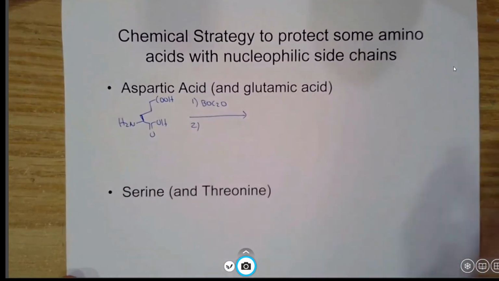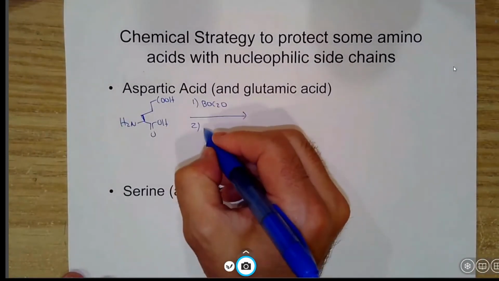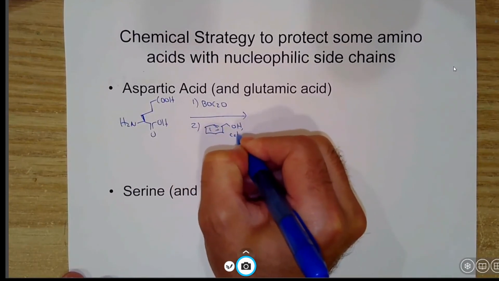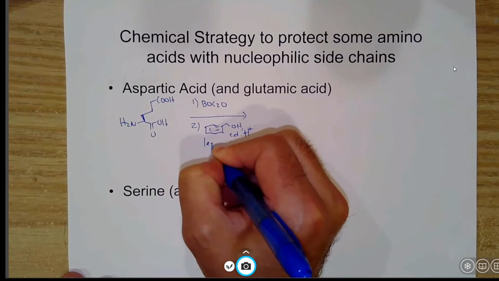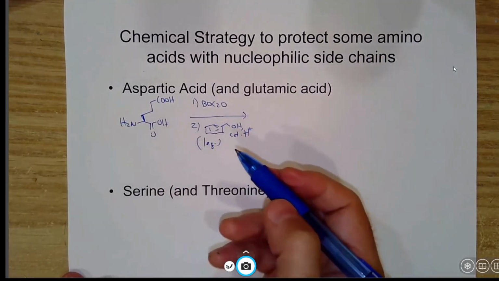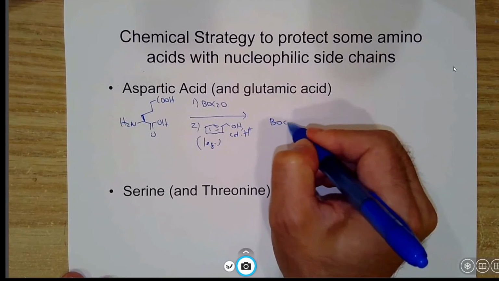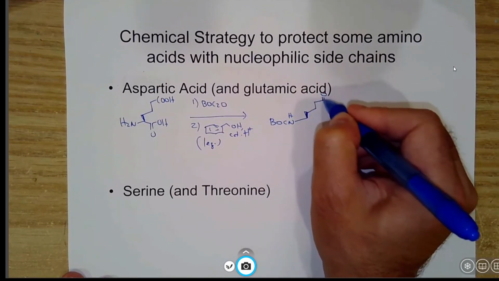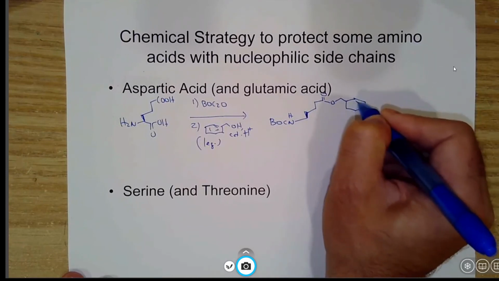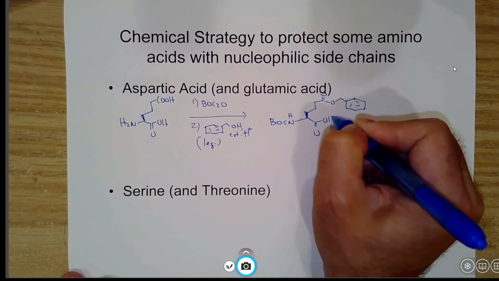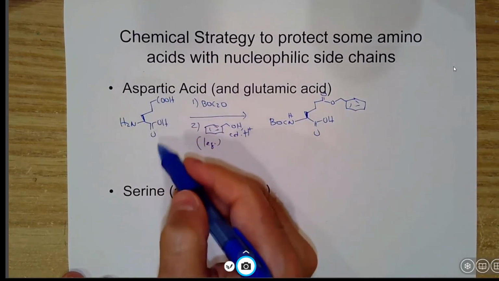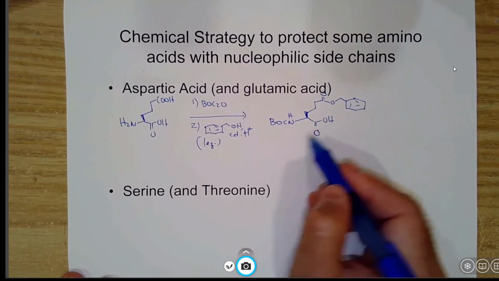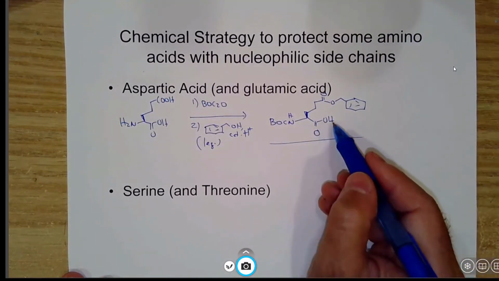So we need to find a way to protect that. A good way to do that is to use one equivalent of something like a phenyl alcohol to protect it, and then if you get a mixture of different compounds, you can separate them by column chromatography, and this could be your desired compound that's now ready for activation.